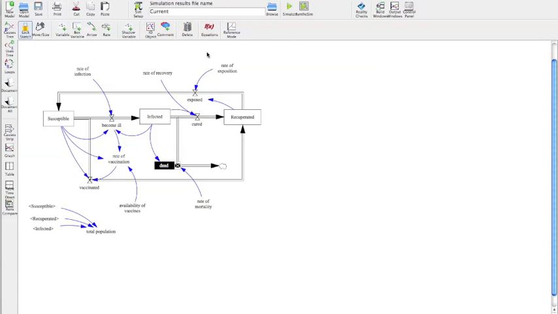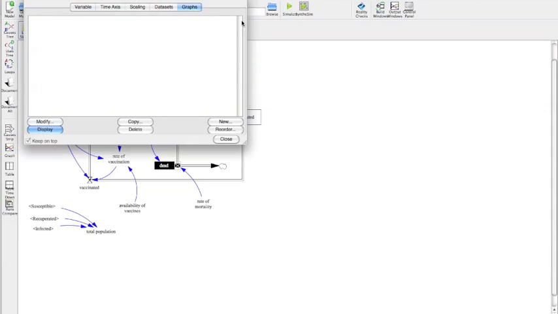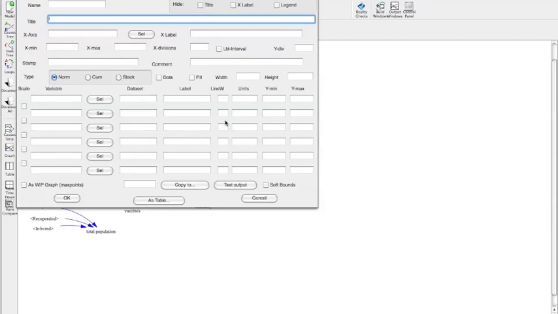You can play around with this a little bit. One thing you can do here, actually we can try it on the fly, is to do a graph, and let's define a new graph here. Okay, and we're going to call it epidemic cohorts, something like this, and these will be the susceptible, infected, and recuperated populations.